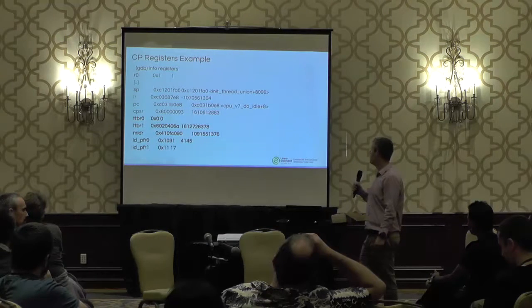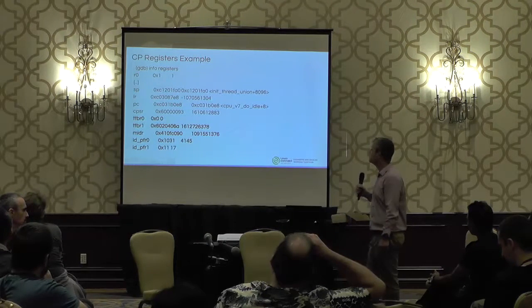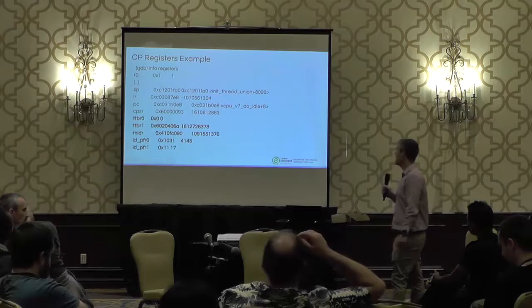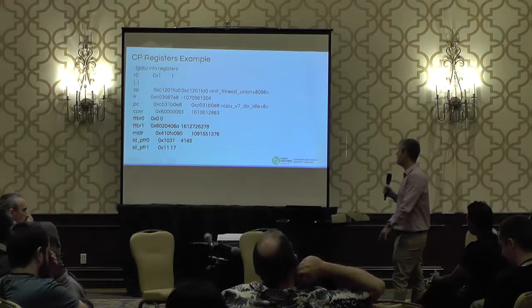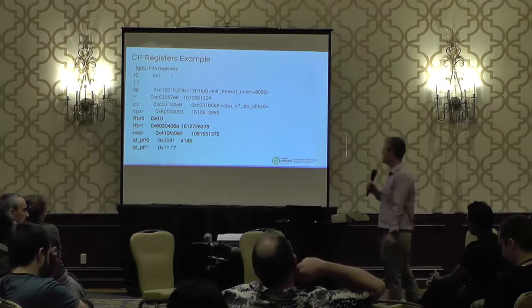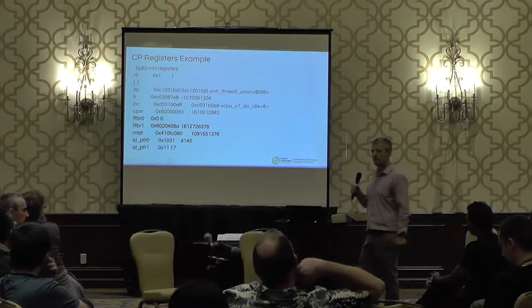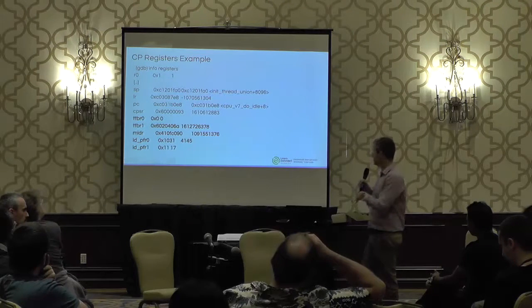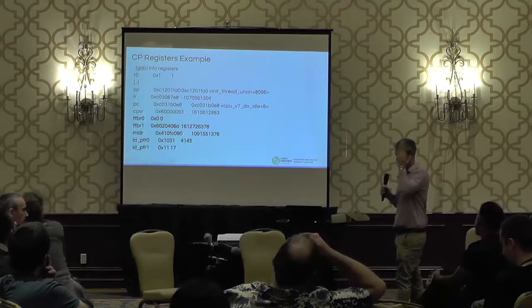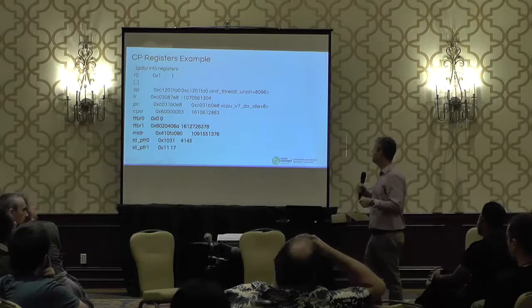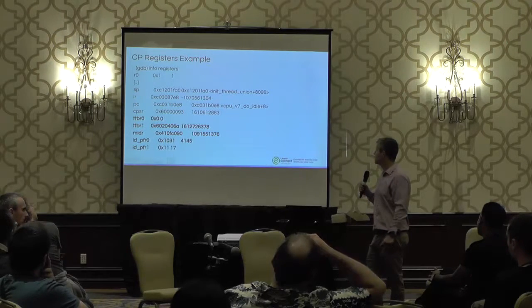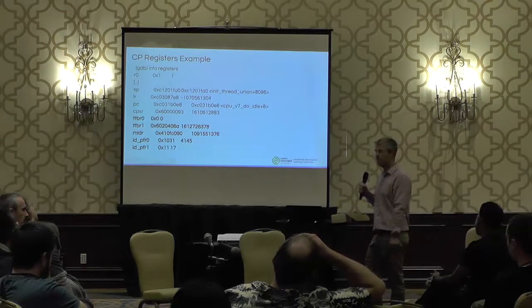But what we ideally want to do, much like LKD, is if you break and you're in user space, to be able to reconfigure the MMU for a kernel mapping and then be able to do what you need to do. And this is my proposal on how we do that, which would be to return coprocessor registers over GDB remote protocol.